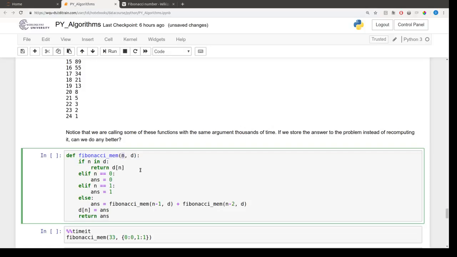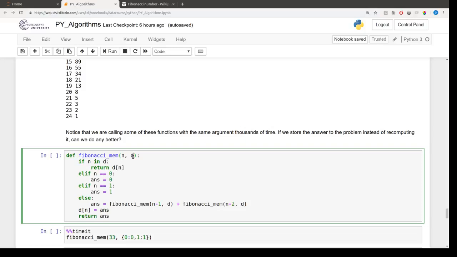It still is going to be called with the number n for the nth Fibonacci number that we're going to calculate. And we're also going to pass in a dictionary D, where we're going to store results that we calculate and try to look them up if we've already calculated them.